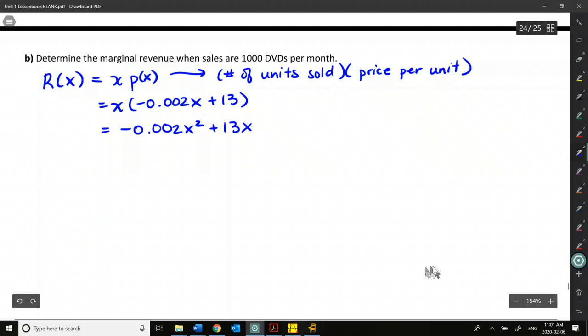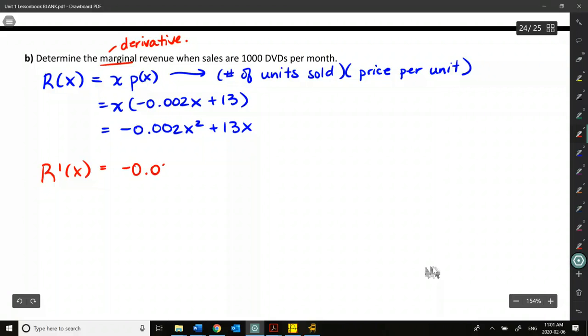Okay, and then marginal revenue. So marginal, when you see this, you want to think derivative. So that's going to be the derivative of the revenue function. Okay, so just applying power rule there.